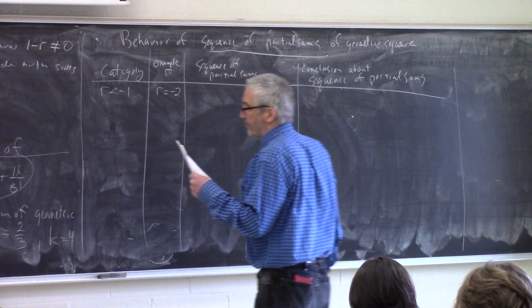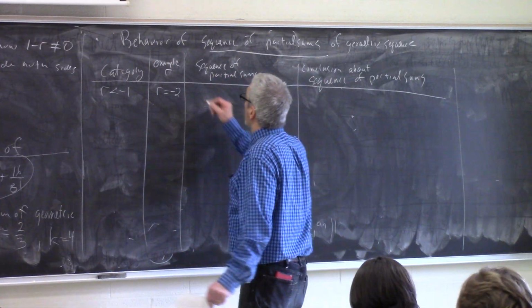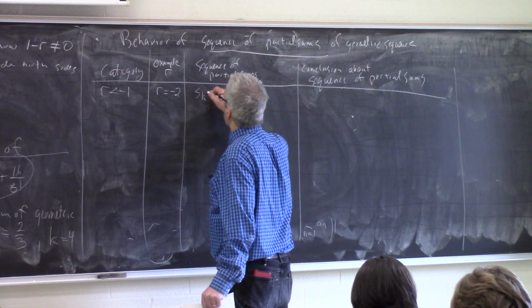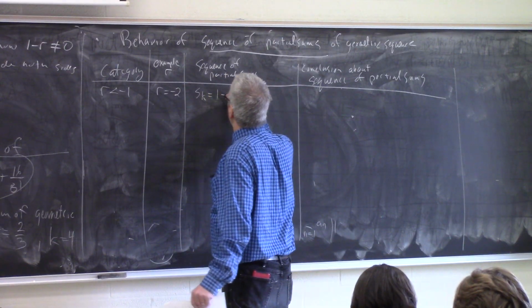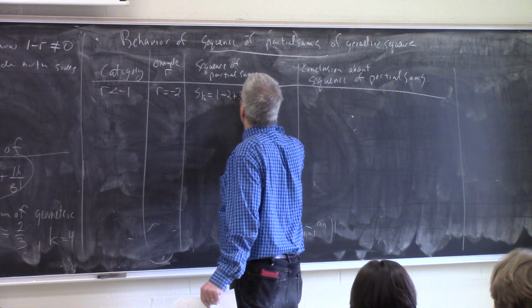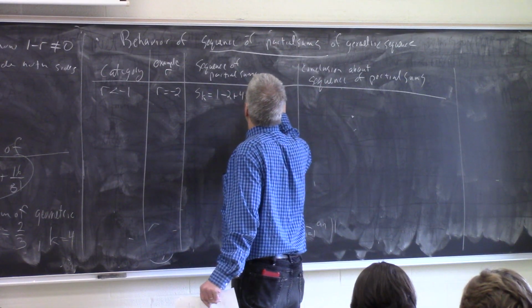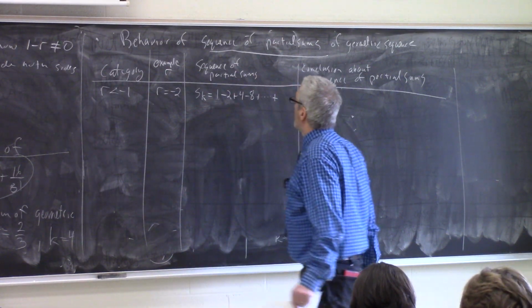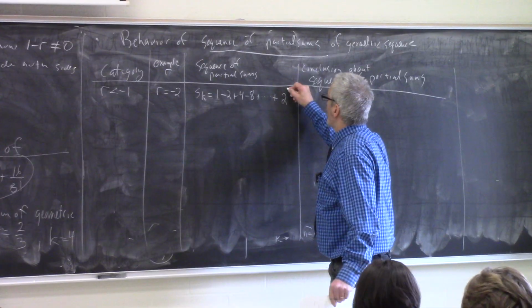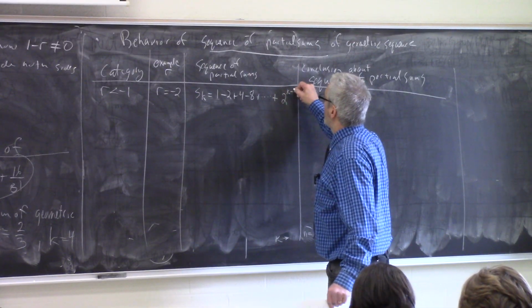And the sequence of partial sums would be S_k would be 1 minus 2 plus 4 minus 8 plus, we go all the way up to 2 raised to the k minus 1.